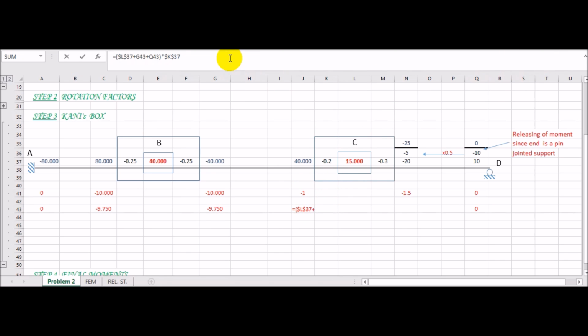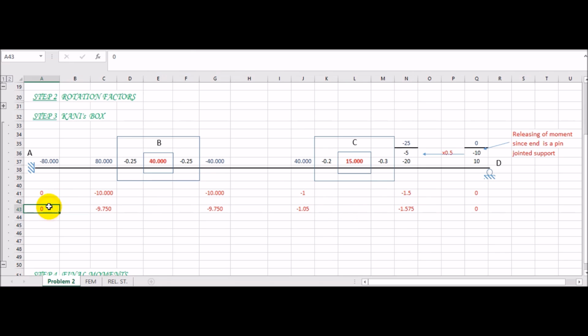So when we multiply it, we get the iteration value of CB as minus 1.05, and now we find the iteration value of CD, which is equal to summation moment, that is 15, plus latest iteration value of left support, that is minus 9.75, plus latest iteration value of right support, that is 0, into the rotation factor of CD. So we get the iteration value of CD.